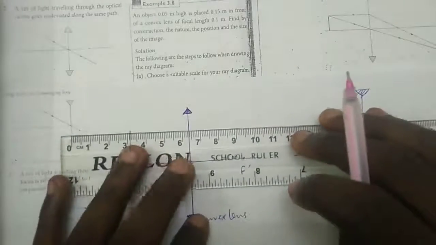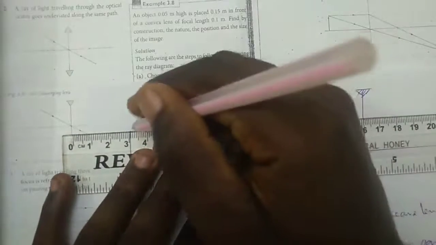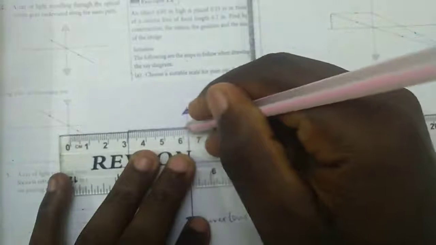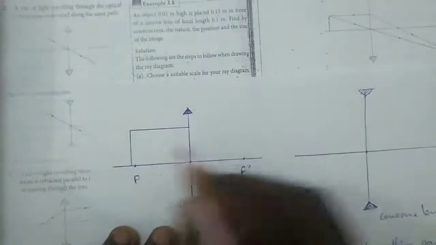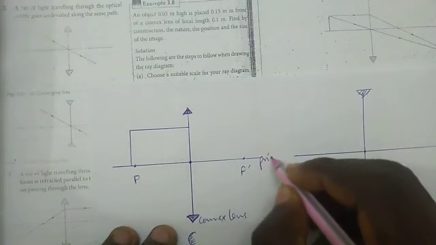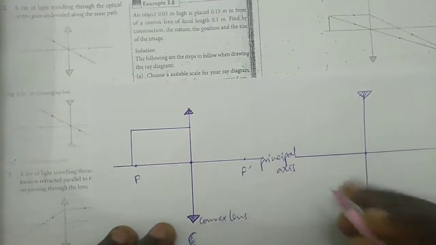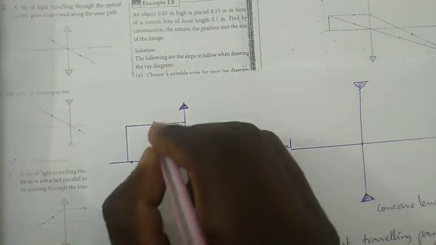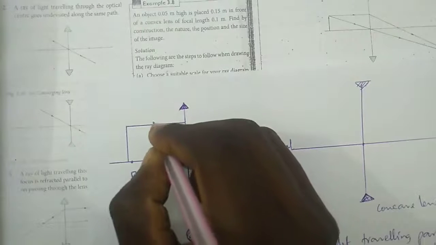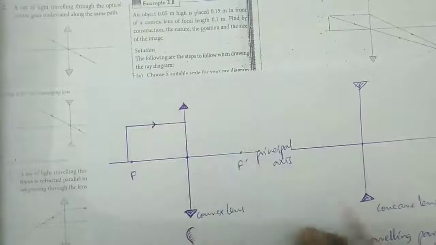So ray of light inayokuwa ina travel from the object to the lens parallel to the principal axis. Unaitwa jina lile lile kama kwenye kioo, principal axis. Ray of light kama hii hapa inakuwa incident pale parallel to the principal axis.